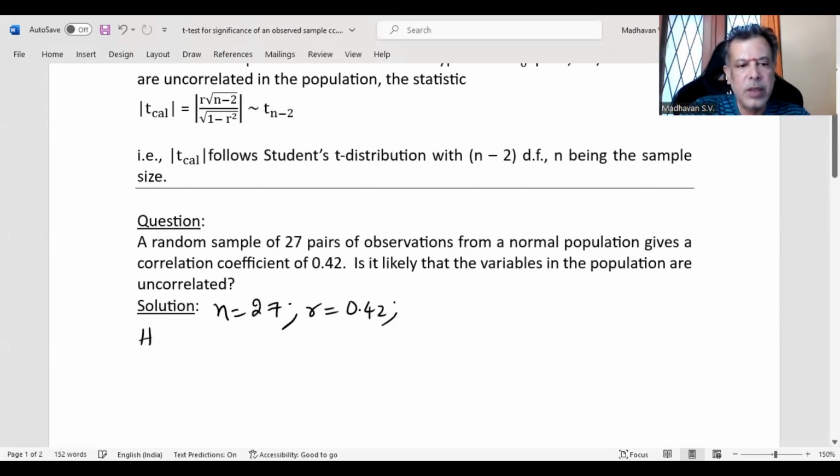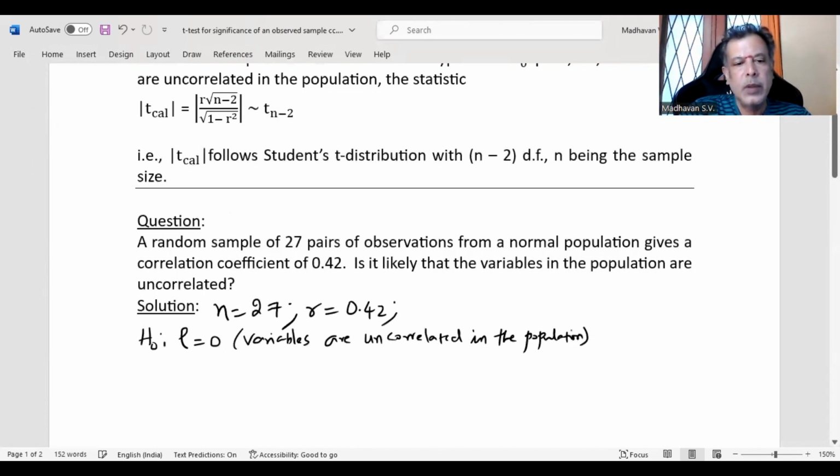Our null hypothesis is that the population correlation coefficient is 0, which means the variables are uncorrelated in the population. Our alternative hypothesis is rho not equal to 0, so it is a two-tailed test.